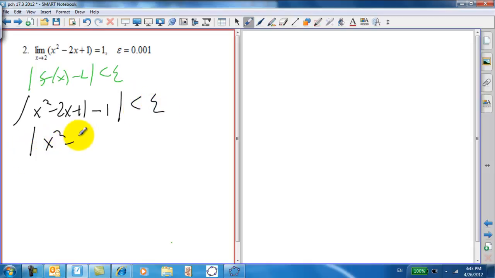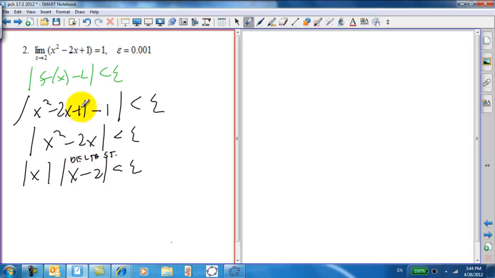The absolute value of x squared minus 2x is less than epsilon. So we have the absolute value of x times the absolute value of x minus 2 is less than epsilon. So x minus 2, that is your delta statement. Remember, it says x approaches c, and that'll be x minus 2. So here's the missing link, and this is the thing you have to figure out how big it is.